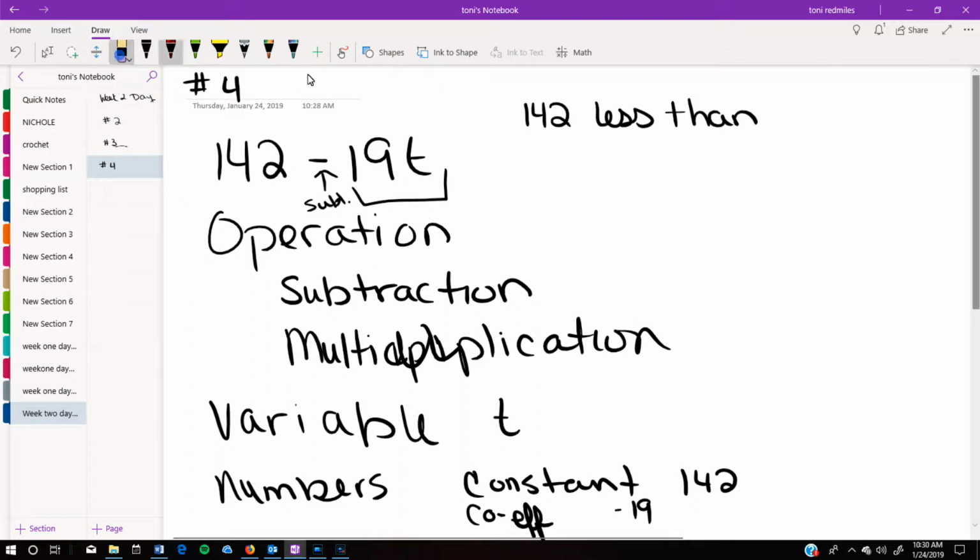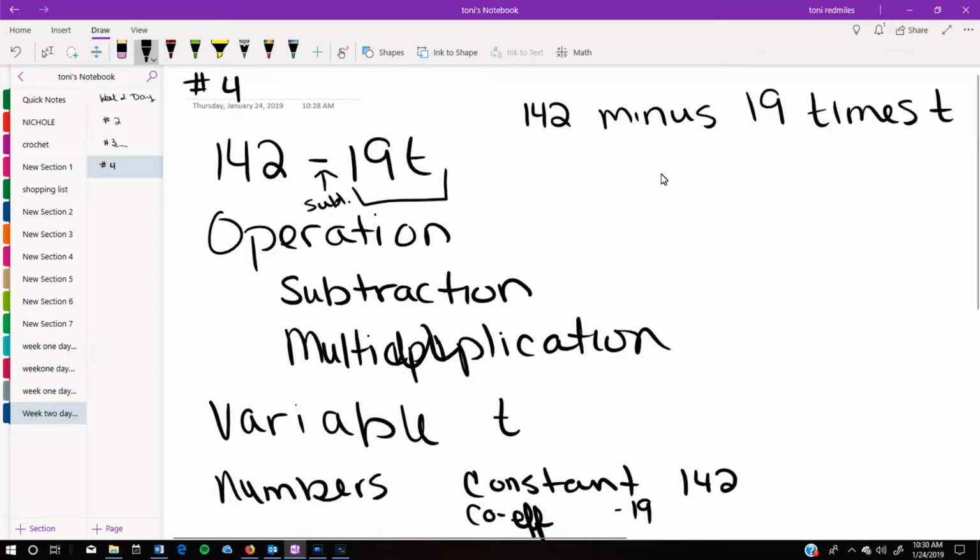Sorry, I was looking at a different problem on my paper. All right, 142 minus 19 times t. Okay, so that's the simplest way that I could write it.